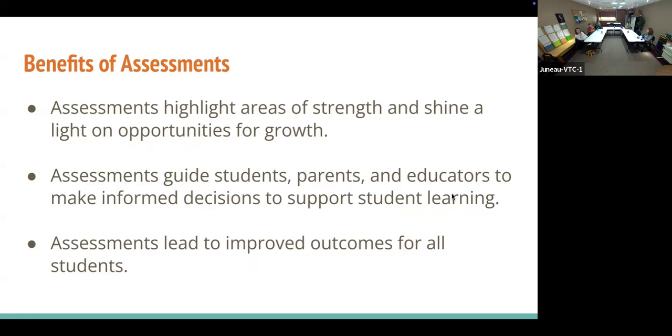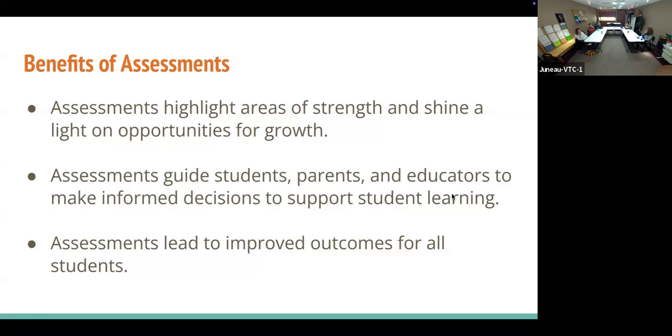In truth, we guide students, parents, and educators to make informed decisions to support student learning. I think that's really important, using assessments. I've had several families this year say, well, this curriculum's not working. Assessments can help you determine whether you're using the right type of curriculum.